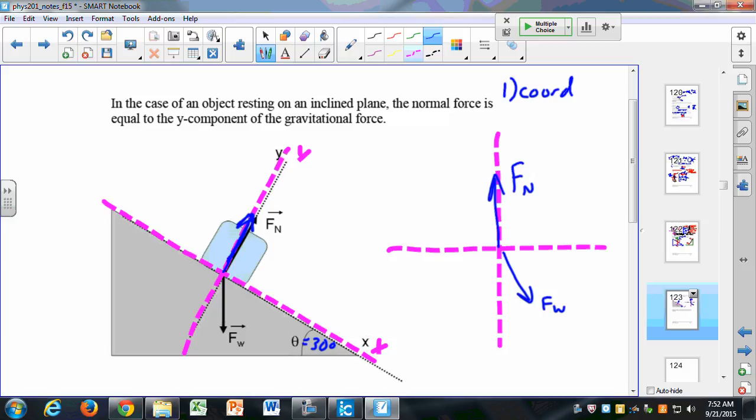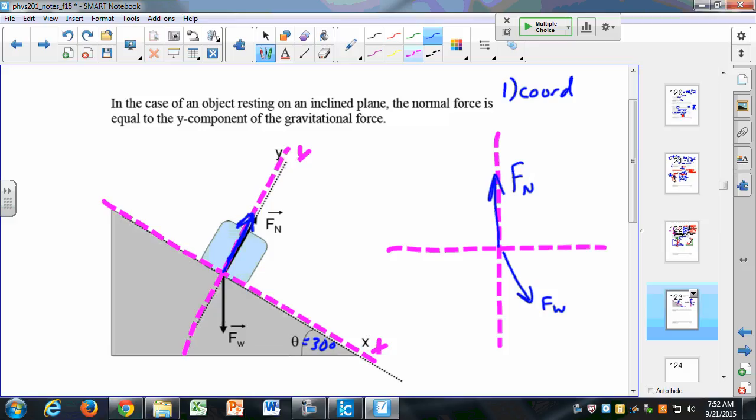What is my angle of that force with respect to the x-axis? I have this weight vector right here, and I want to know what this angle is. Now I know the angle of the inclined plane is 30 degrees, but can you see something about this arrangement that would tell you what this angle is?